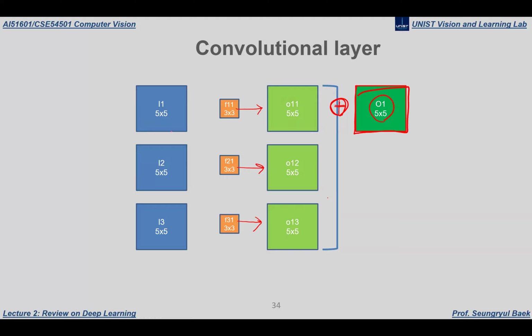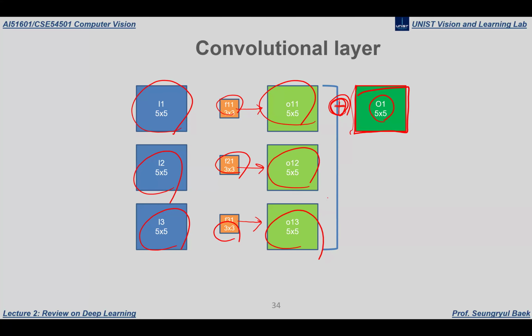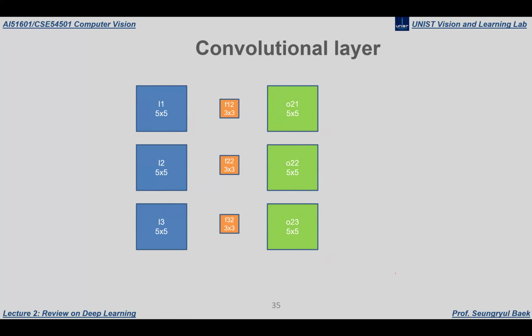So for each input channel, we will apply 3 different kernels, and this would be the intermediate output. Then we will add them together to define the first output. And then we will apply different kernels again, and we'll get different intermediate output channels.